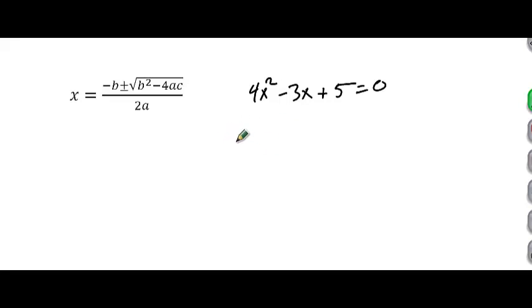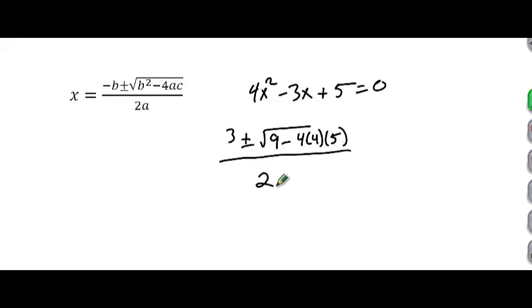So we have negative b, so negative negative 3 is a positive 3, plus or minus the square root of negative 3 squared. So we want to try to do that in our head. It's 9 minus 4 times 4 times 5, all over 2 times a, which is 4.